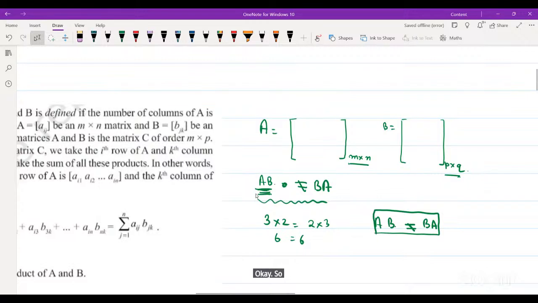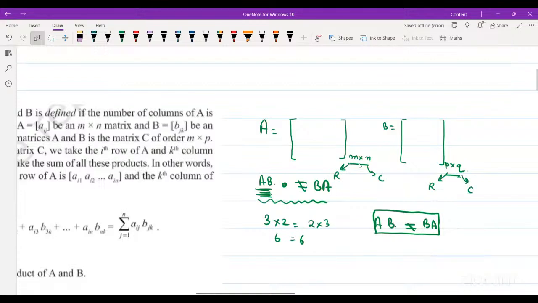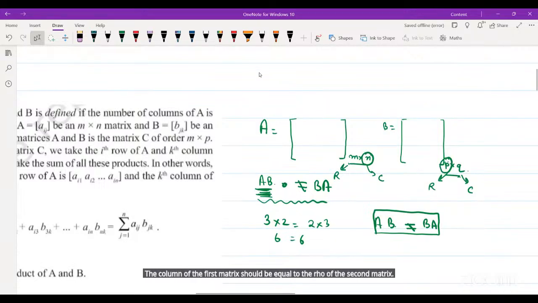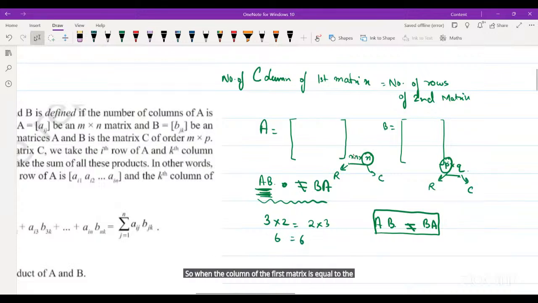So let's suppose we have to define AB. Means when is AB defined? So this is row, this is column. The column of the first matrix should be equal to the row of the second matrix. This is the number of columns. So when the number of columns of the first matrix is equal to the number of rows of the second matrix, then we can define AB.